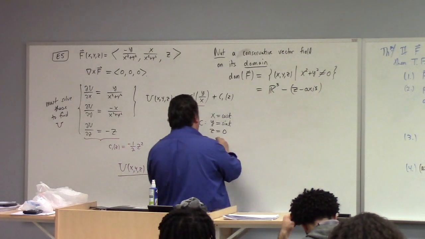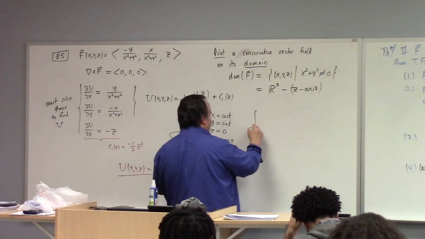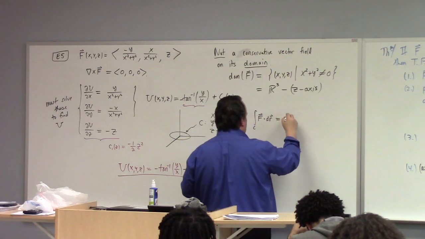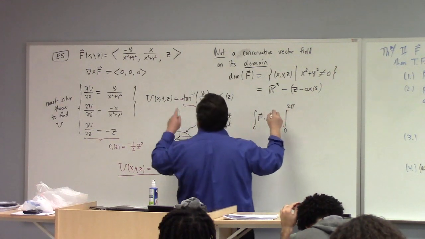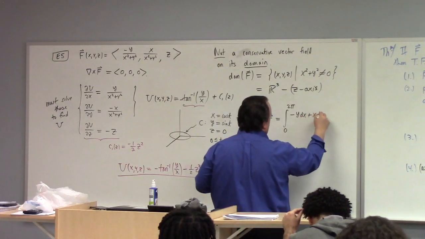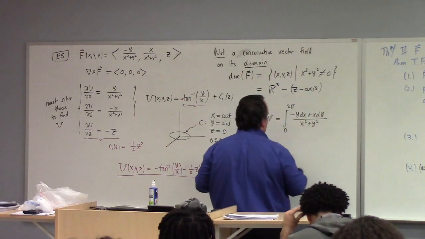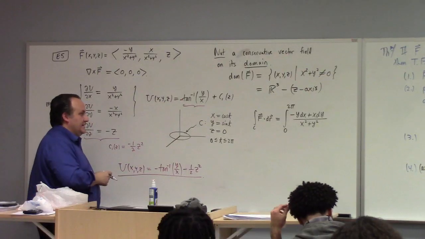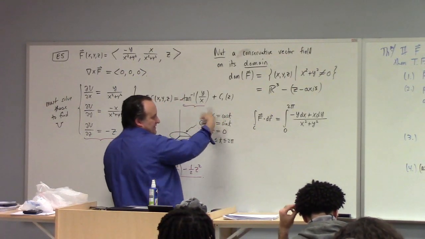And of course 0 less than or equal to t less than or equal to 2 pi. If I calculate the work done along c, in other words, the integral of minus y dx plus x dy over x squared plus y squared, and understanding that I mean this subject to these conditions over here, right?